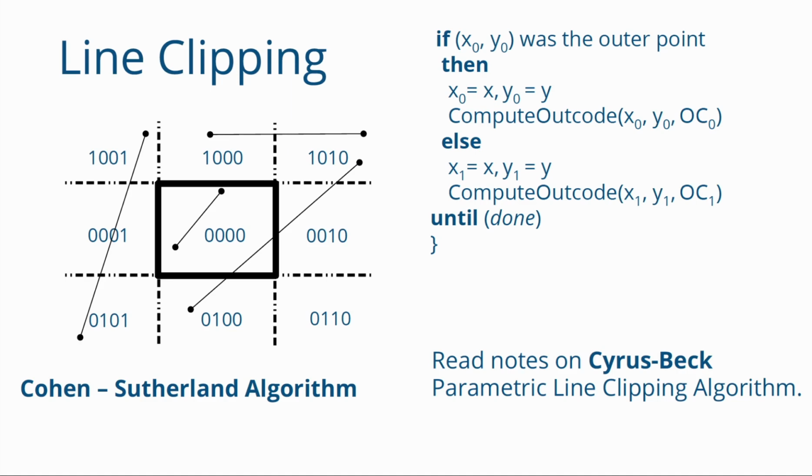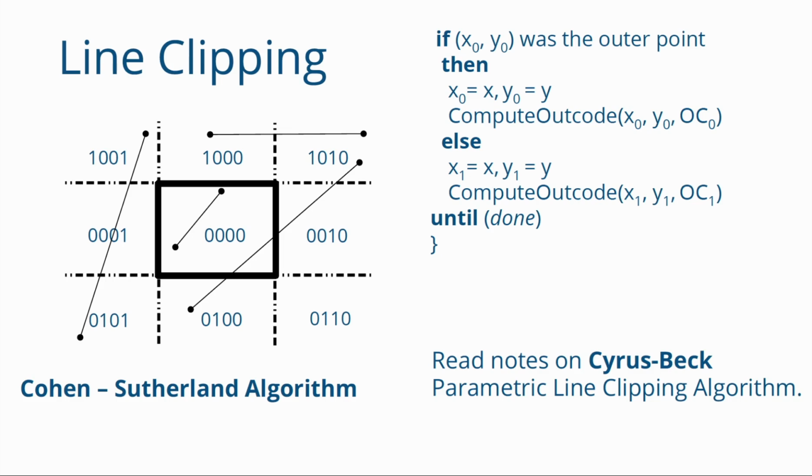Okay. There is another line clipping algorithm which is known as the Cyrus-Beck algorithm. I will make written notes for Cyrus-Beck available to you. So I want you to read those notes. Cyrus-Beck works well when the line is given to you in a parametric form. So here the line is specified to you by giving you 2 points on the line.